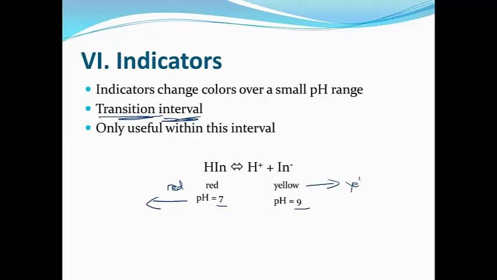It's always just going to be yellow. So if the pH is 10, 11, 12, 13, 14, etc., it's yellow. So this indicator is not really going to be useful because all you know is it's above 9. And if the pH is 6, 5, 4, 3, 2, or anything below 7, the color will still be red also. So it's only useful between 7 and 9.